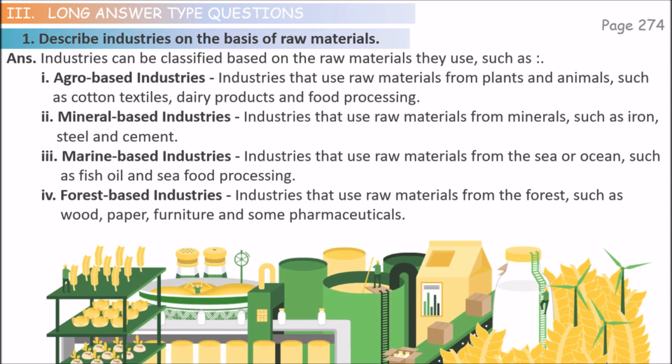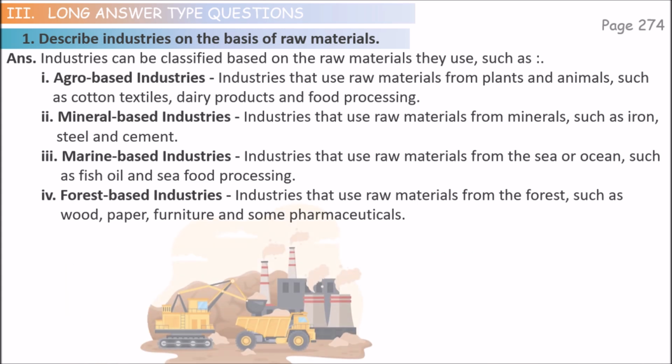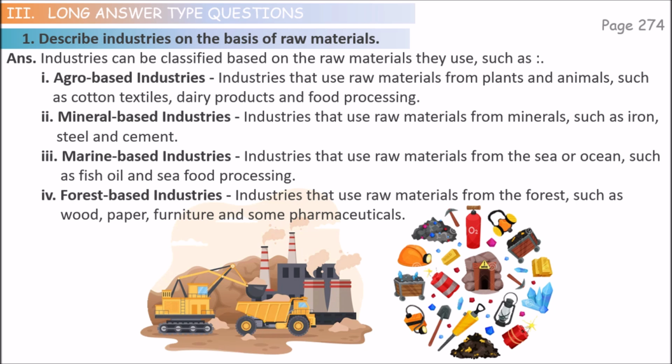Number 1. Describe industries on the basis of raw materials. Answer. Industries can be classified based on the raw materials they use, such as: First, agro-based industries. Industries that use raw materials from plants and animals, such as cotton textiles, dairy products and food processing. Second, mineral-based industries.